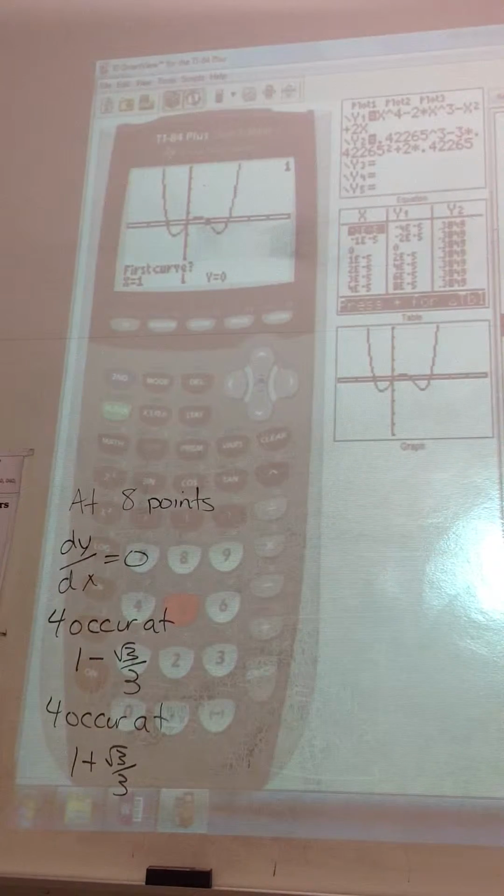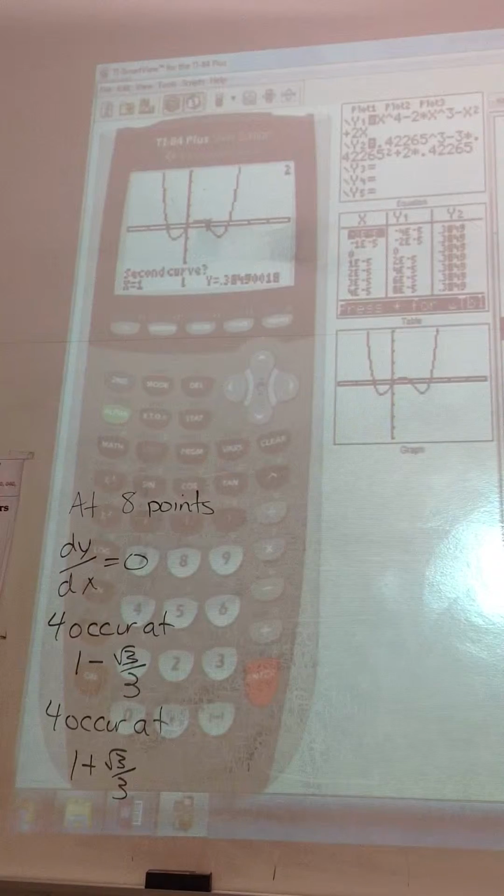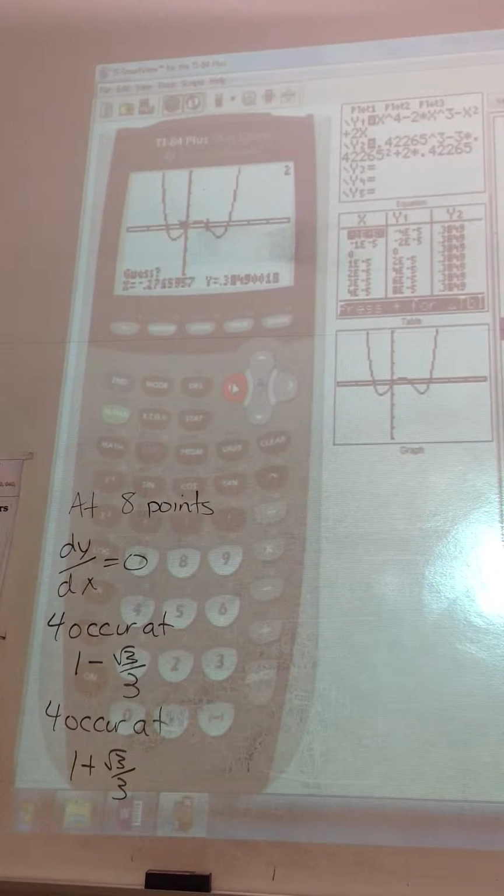So it's on this curve right now, so I hit enter yes. And then it goes to whatever you have typed second, which is our line. And then it asks for a guess. If I had just hit enter, it would have found the one it was closest to. But we'll just go in order.